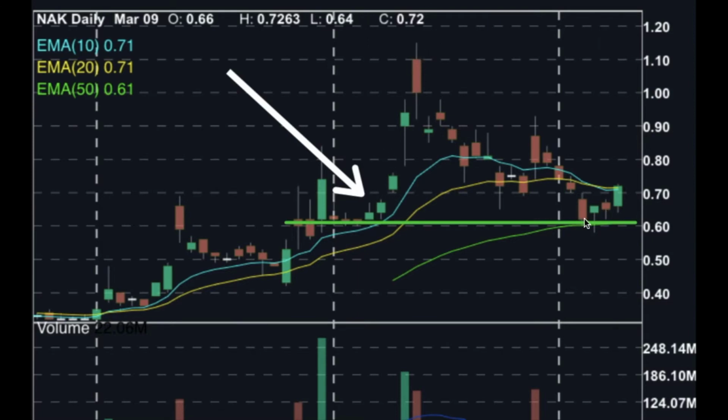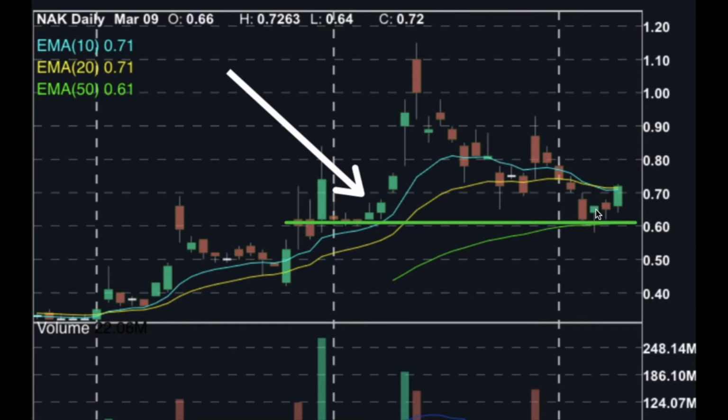Coming down here, on this red candle, that's what gave it away for me. When it bounced, I was really looking for a green candle to form on the next day. As we bounced off this 61 off our 50-day EMA, it went a little below, but it bounced right back up and then formed a green candle for the day. This gave me the chance to say, this is where I want to buy.